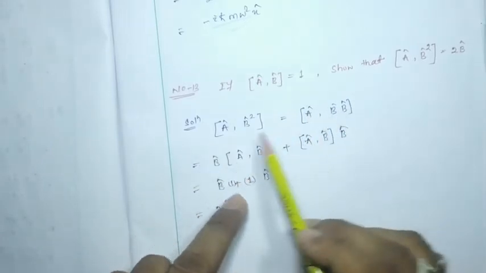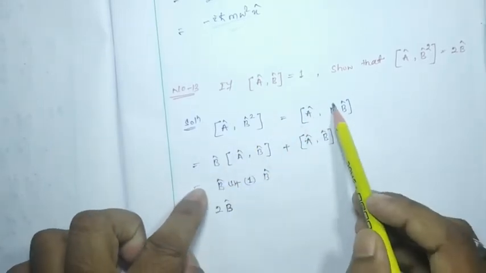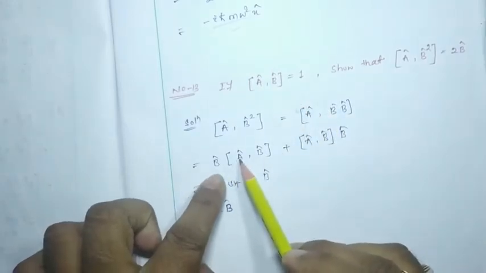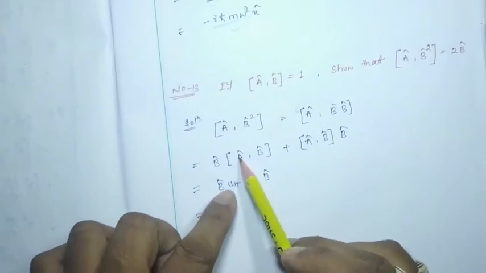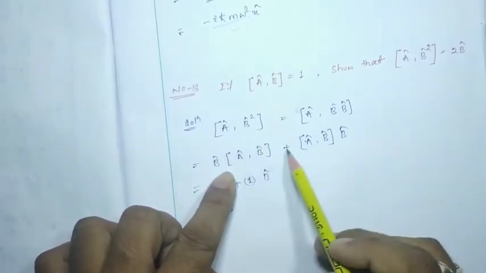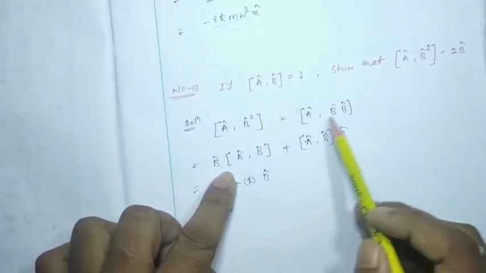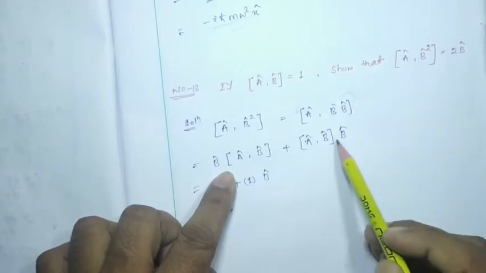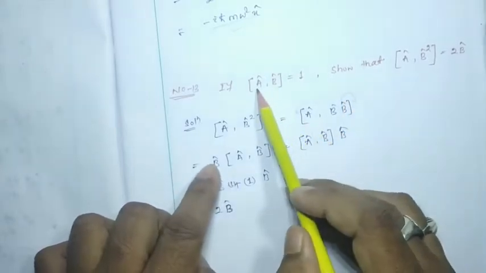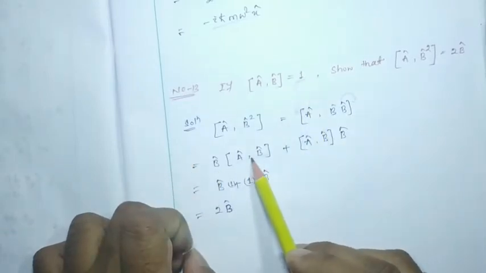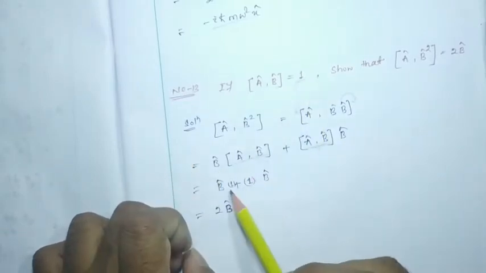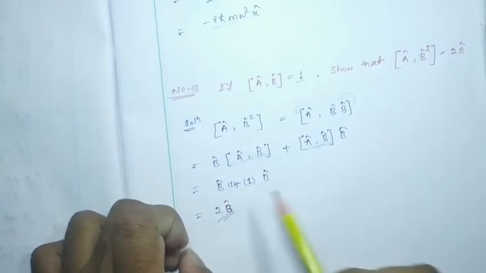So b will go this side, written as b cap [a cap, b cap] plus [a cap, b cap] b cap. We know that [a cap, b cap] is equal to 1, so this value is 1 and this value is 1, so b cap plus b cap will be 2 b cap.